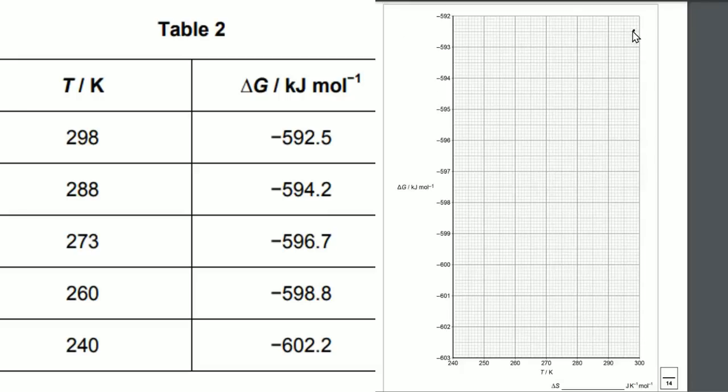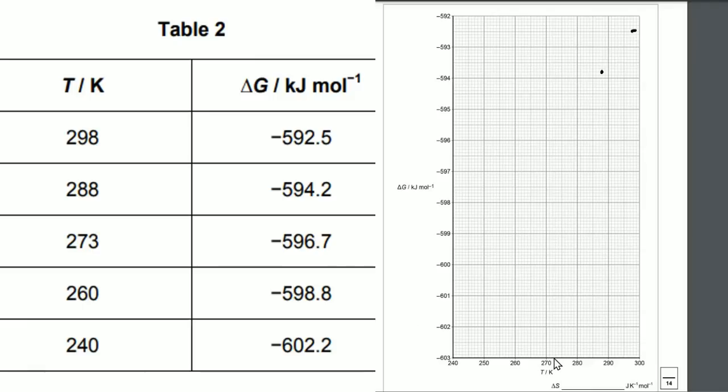Okay, for this next question, it's a graph plotting question, and what we've got to do is use table 2 to plot a graph of delta G over T in kelvin, and use that to find delta S, use the gradient. So it's really a 5 marker, and you get about 3-4 marks for the graph.